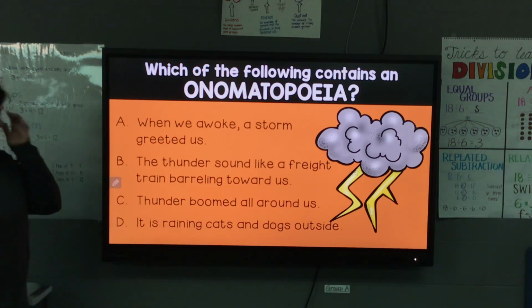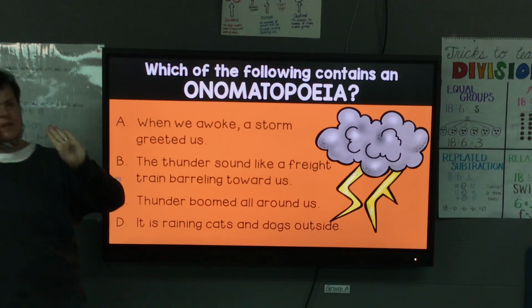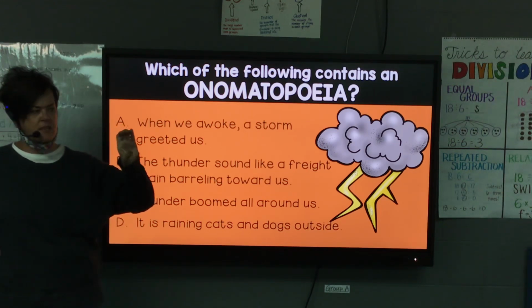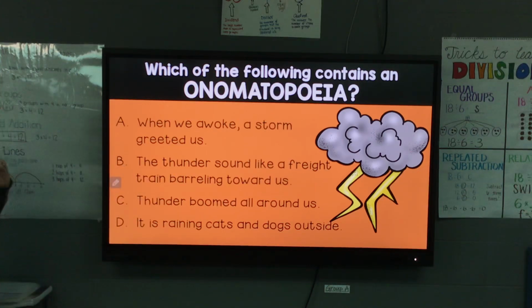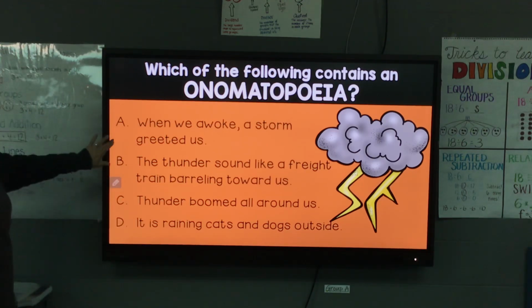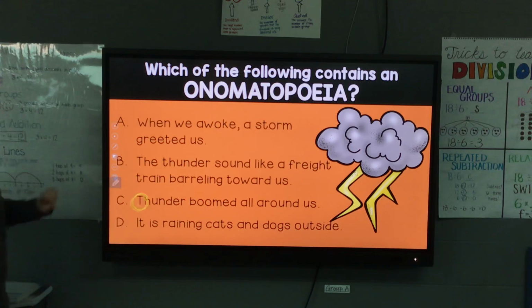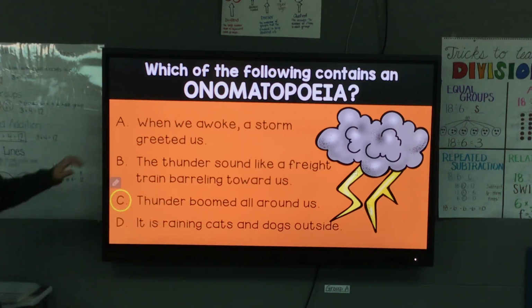D, it is raining cats and dogs outside. A, B, C, D. Ooh, everybody has chosen C. Let's see if you're correct. Yes. What word is the onomatopoeia here? Everybody. Boomed. Good job.